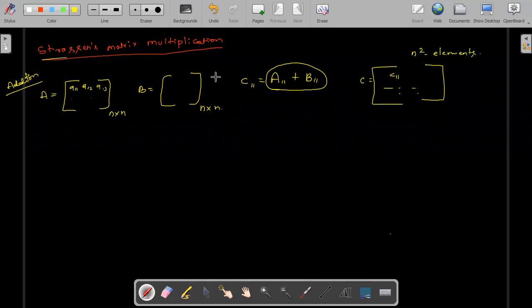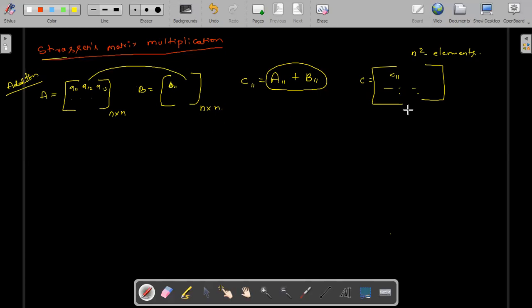Now please observe here. To add A and B, to add A11 and B11, how much time is required? Basically, it requires only constant time.